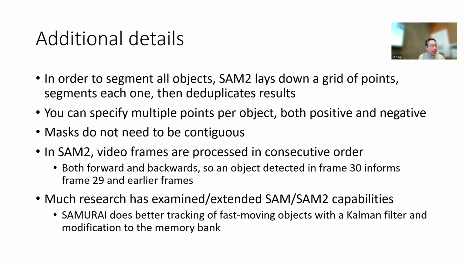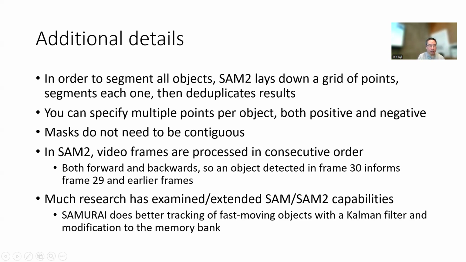The output masks do not need to be contiguous. It's predicting every pixel in parallel. Largely, you tend to get this notion of contiguous objects just based on its inductive bias. But I'll show you an example, and clearly they don't need to be contiguous.